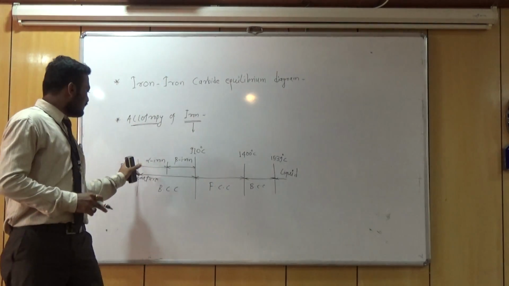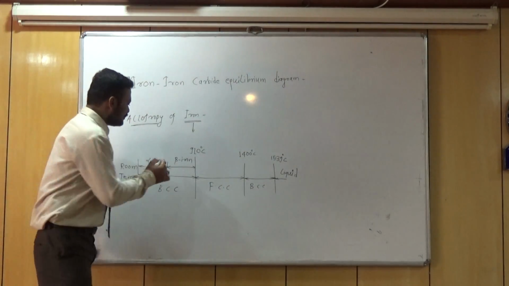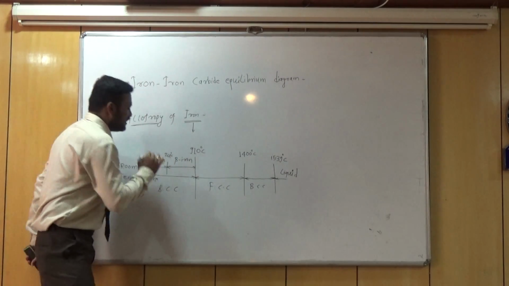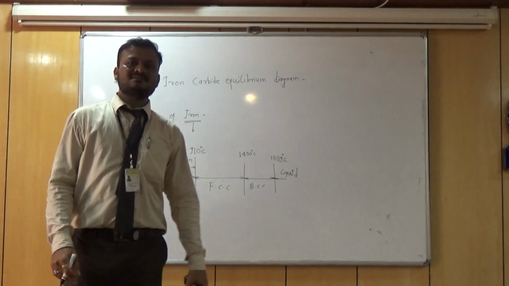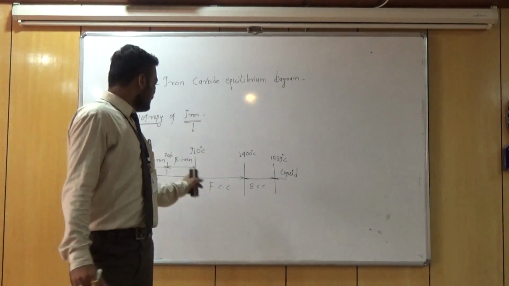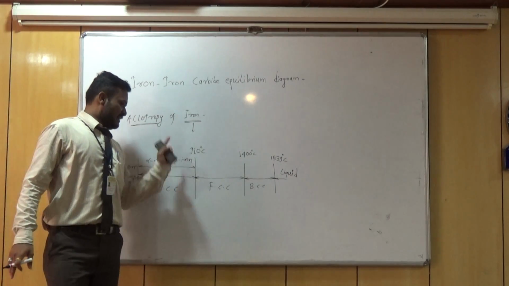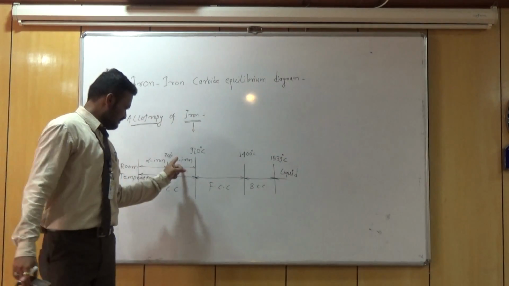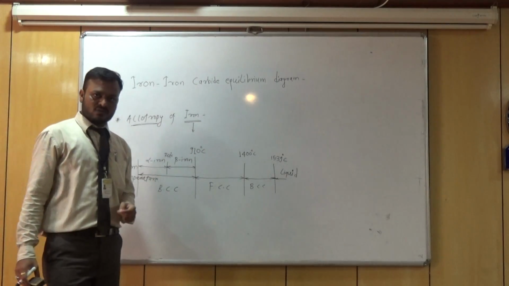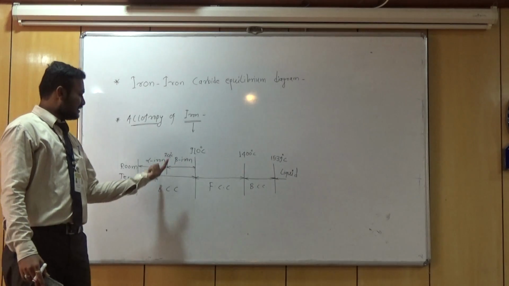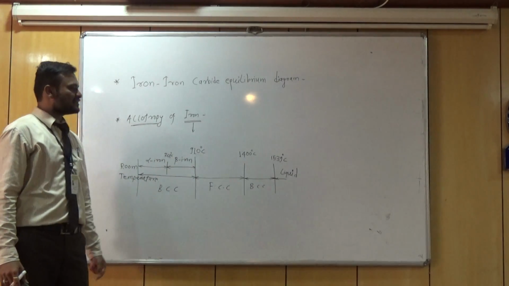The alpha iron from room temperature up to 768 degrees Celsius shows ferromagnetism, that is, it has magnetic properties, but when temperature reaches above 768 degrees Celsius, it becomes paramagnetic in nature, and that will be known as the beta iron phase. But during overall these temperature changes, it will remain in the BCC crystal structure only.